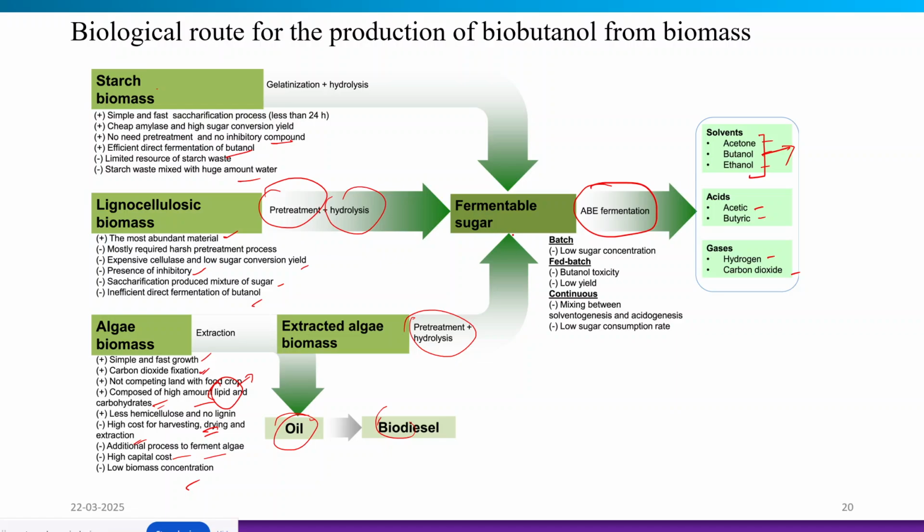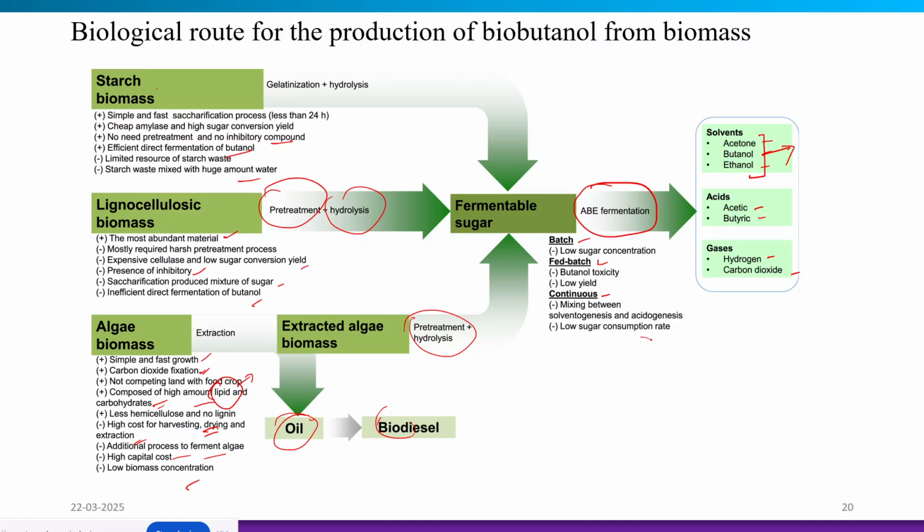So ultimately, when we get the fermentable sugar, we follow the ABE fermentation process. ABE fermentation typically follows batch fermentation, fed batch fermentation, and continuous fermentation. Here, in the batch process, we get low sugar concentration, and for the continuous process, mixing of solventogenic and acetogenic, these two methods of ABE fermentation, we will be discussing in the next slide.